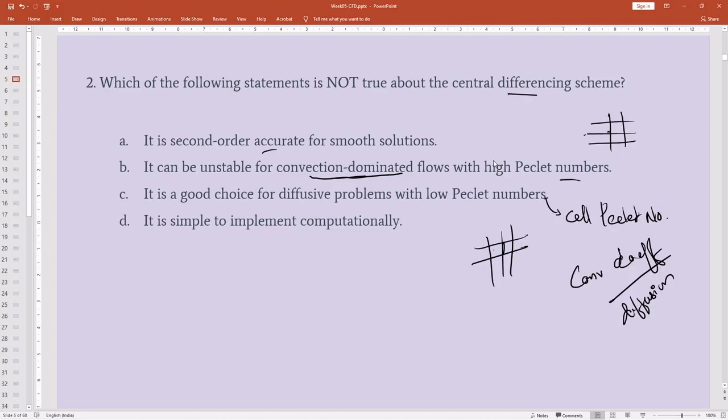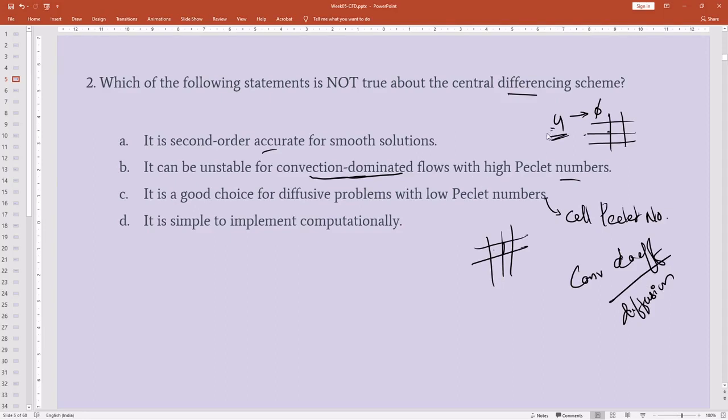Whereas convection means we have a particular u or velocity which is transporting a property phi across our domain. So we need a convection velocity to transport that particular property.